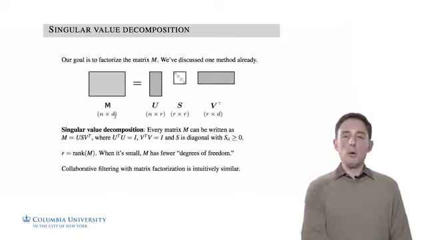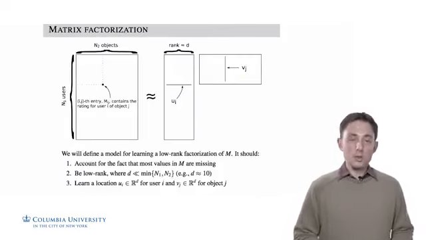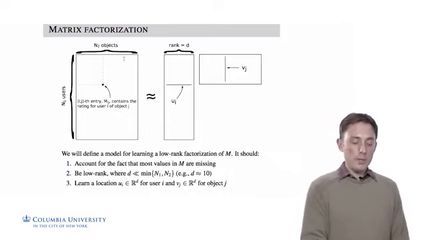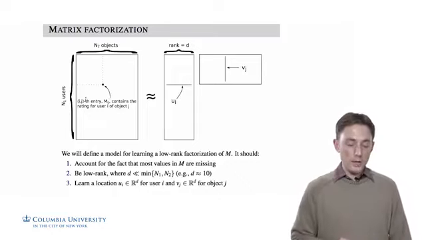So this is going to be what we exploit, this idea of a low rank matrix factorization in the collaborative filtering problem. So specifically, what we want to do is we want to say that our ratings matrix, so this is from before where we have n1 users and n2 objects, and the ijth entry in that matrix says what user i rated object j.